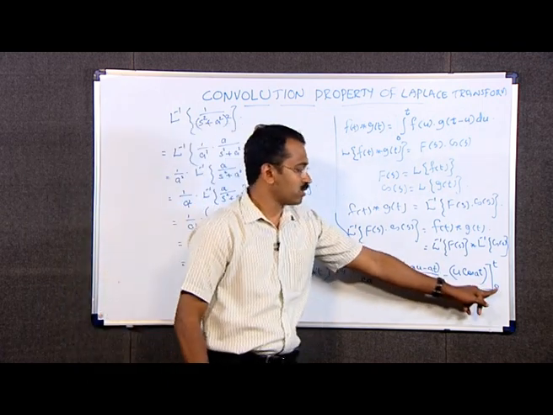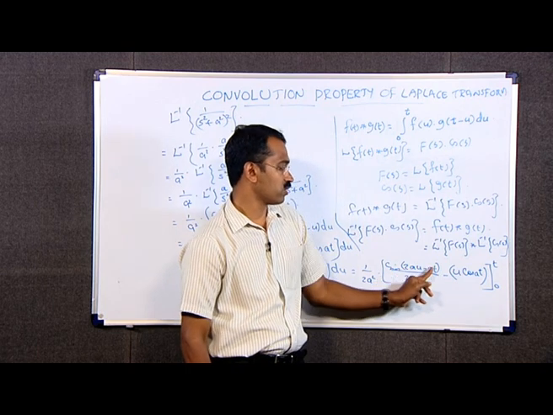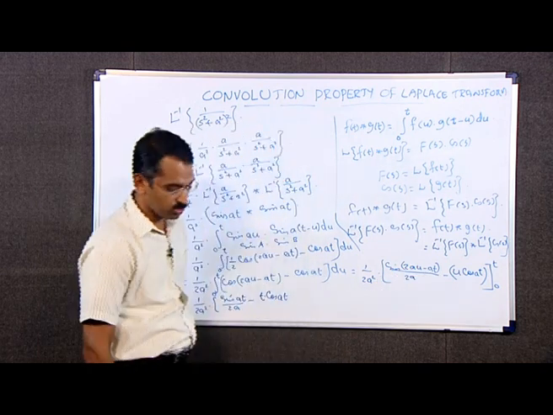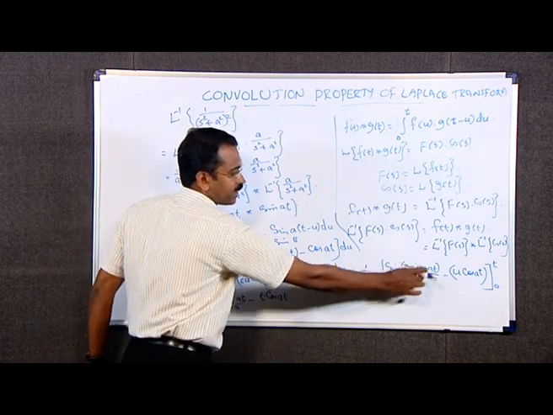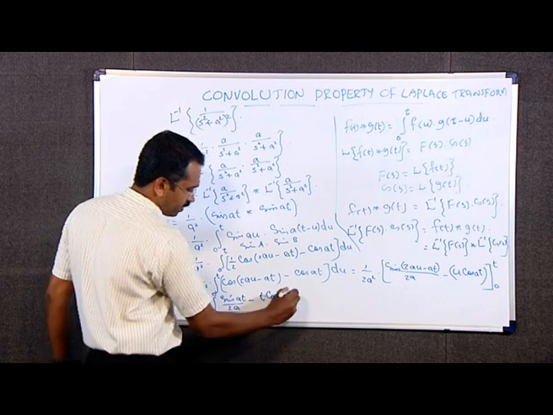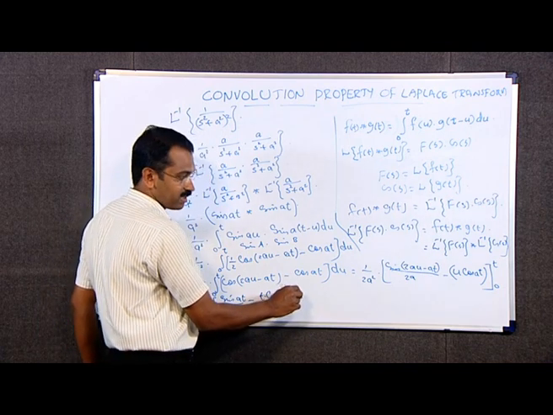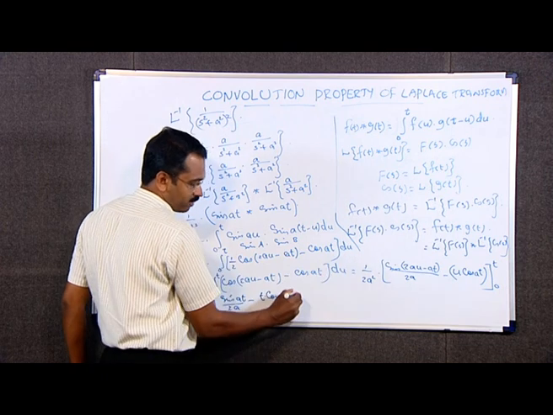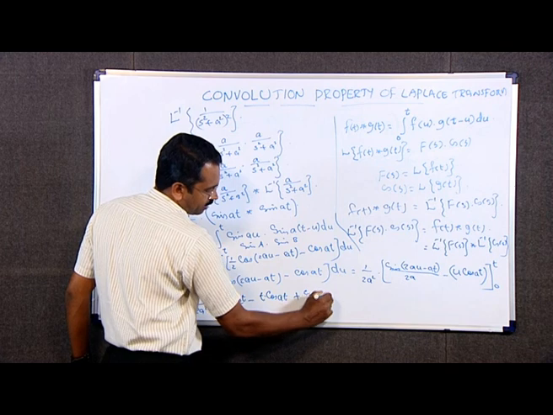When applying this lower limit 0 for u, this term will become sin 0 minus a t divided by 2a, that is sin minus a t divided by 2a. Sin minus theta is minus sin theta. Therefore, this will become plus sin a t divided by 2a.